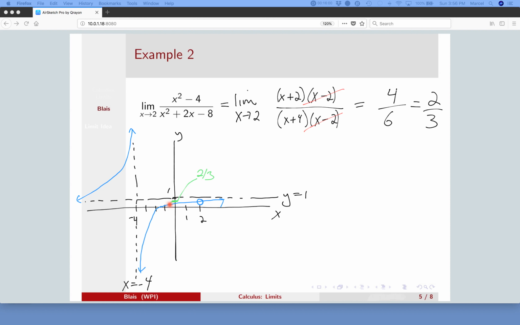If you're coming in from the left, getting arbitrarily close to 2 for x, you're honing in on 2/3. If you're coming in from the right, getting arbitrarily close to 2 for x, you're also honing in on 2/3. It didn't matter that the function had a hole there. This is why we have the same limit in each of these cases.